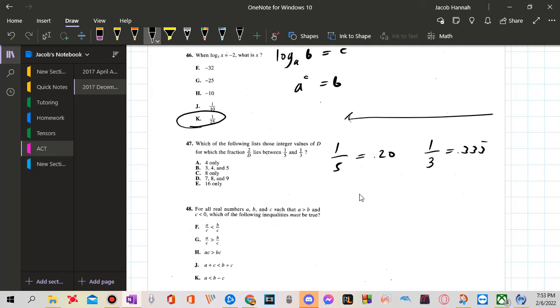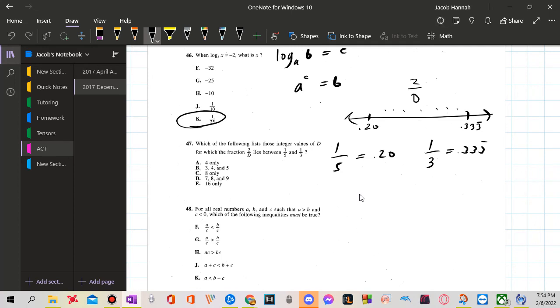So let's draw a nice little number line. Let's put 0.2 and 0.3 repeating. So it's asking what numbers for d, for 2 over d, lie in here.